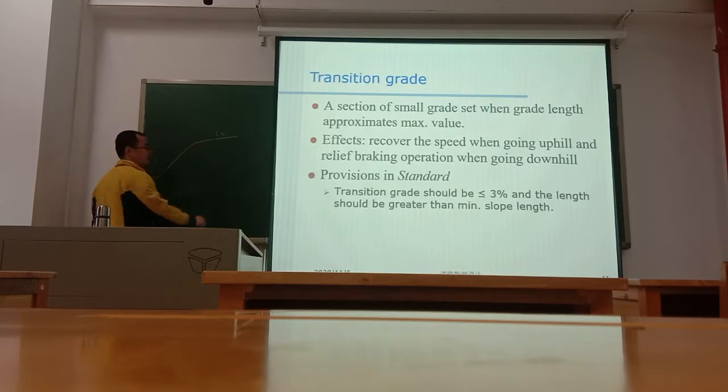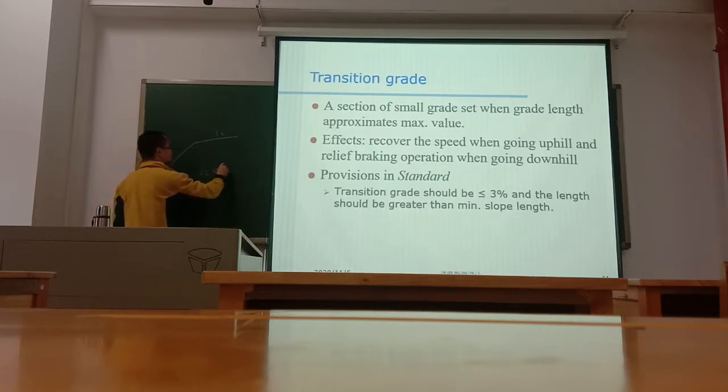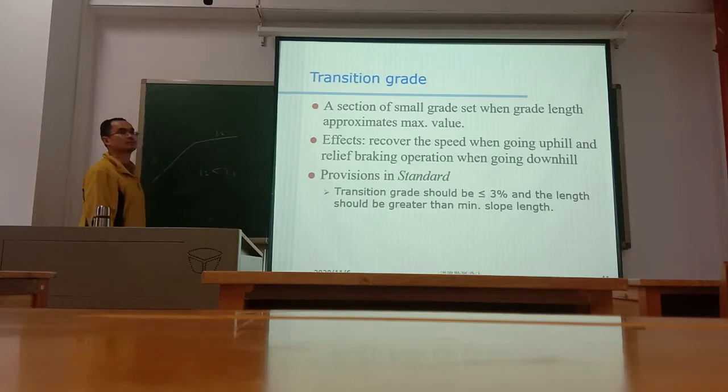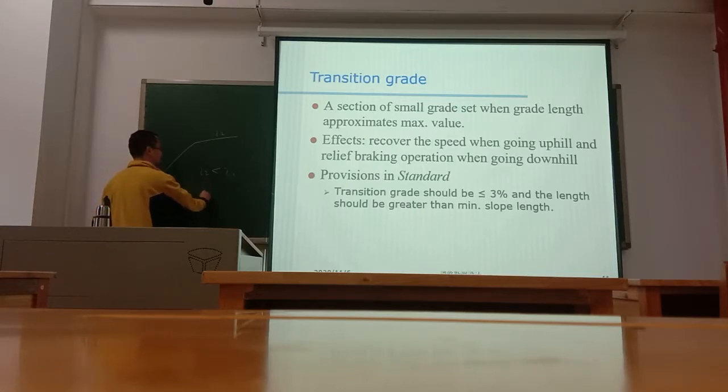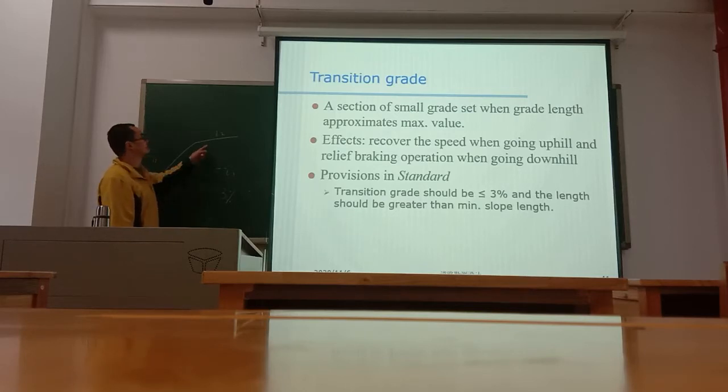So I2, this section, is a transition slope. I2 is less than I1. I2 must be less than 3%. This transition, I2, is the transition.